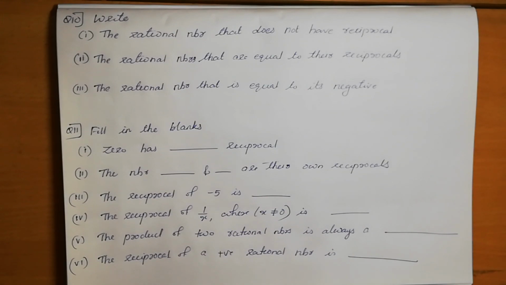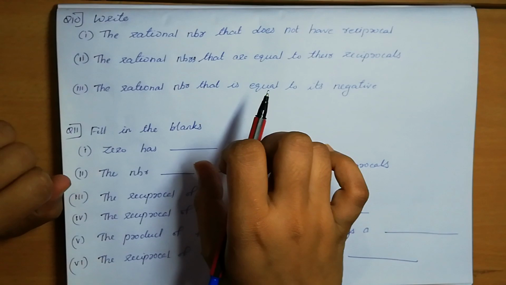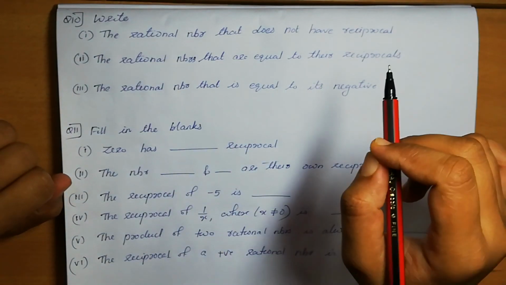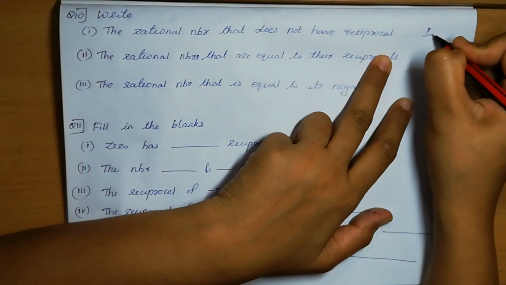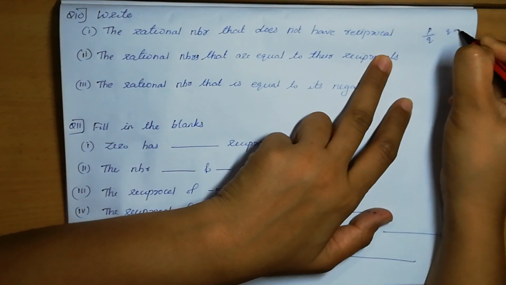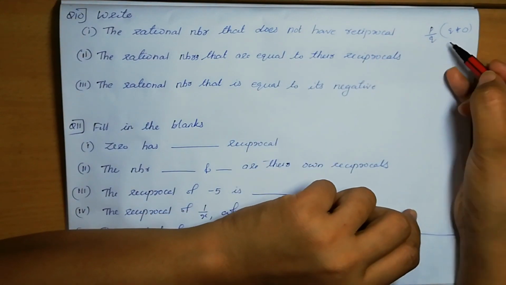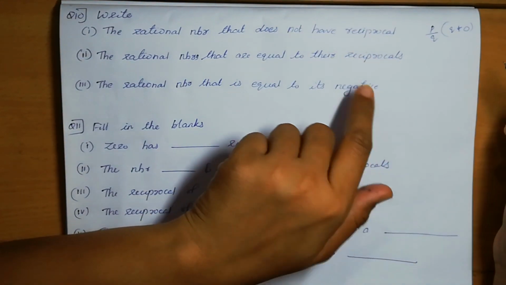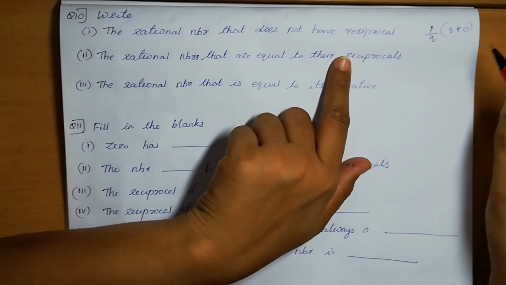Question number 10. Write a rational number that does not have a reciprocal. A rational number is in the form p by q, where q not equal to 0. This is the condition, correct. If q equal to 0, that is not a rational number.